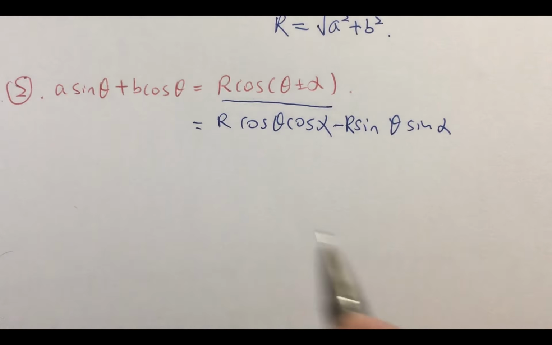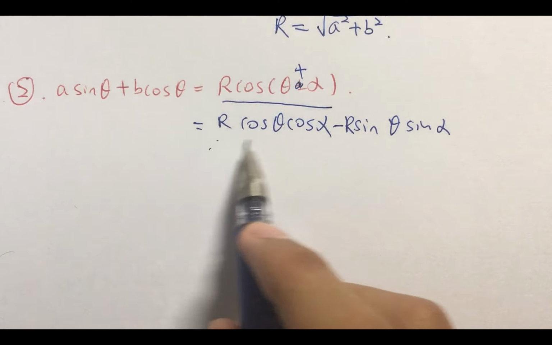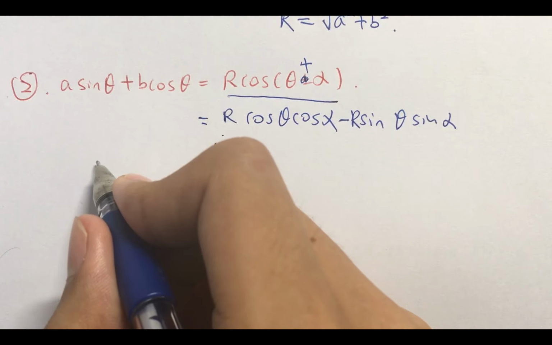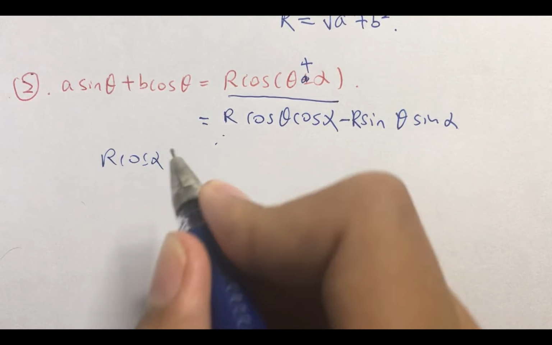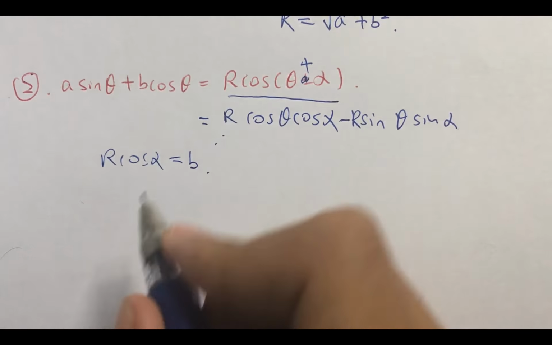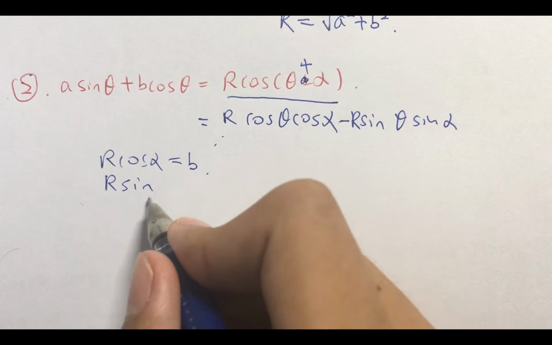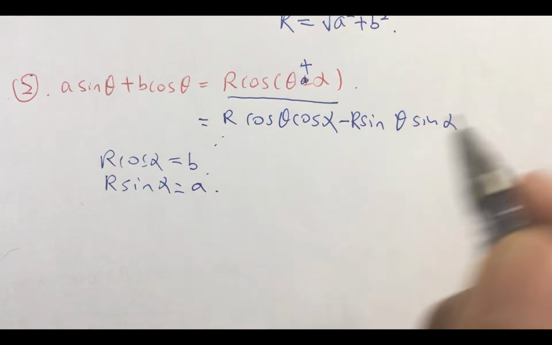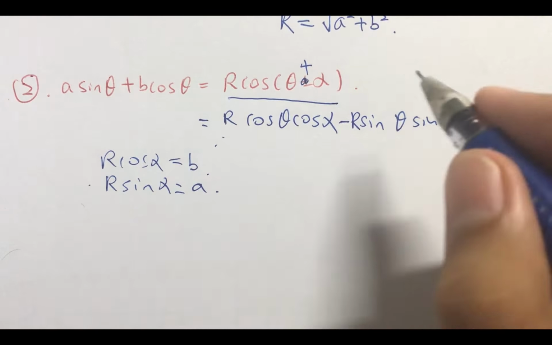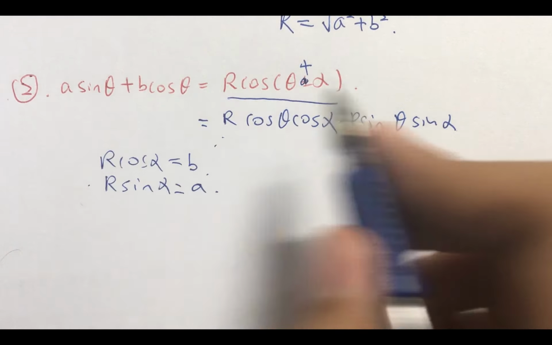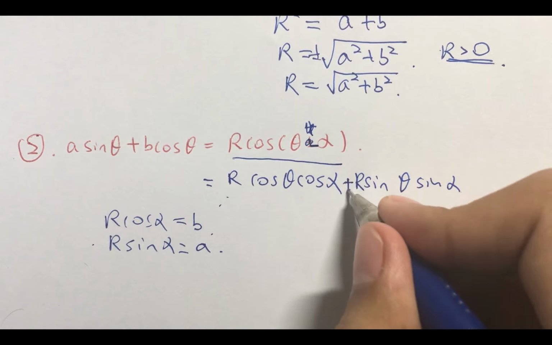Let's do the plus. Here we can do the same thing, which is r cosine alpha is equal to b, and r sine alpha is equal to a. Well, let's do minus instead. Okay, let's do minus, so we get plus here.